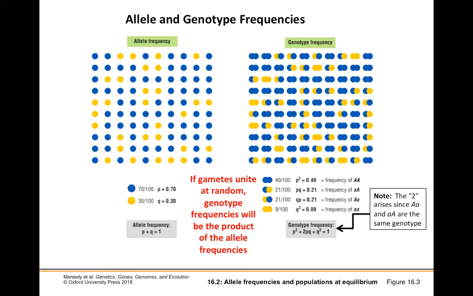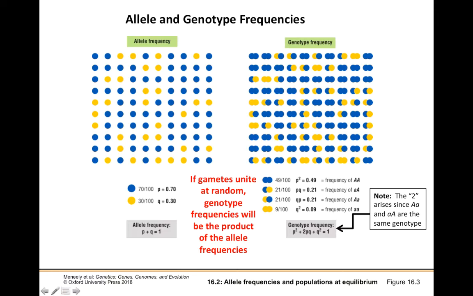When we think about alleles in a population, we can think about these alleles being partitioned into individuals, and because we oftentimes talk about diploid species, because a lot of the species that we think about on a regular basis are diploid, we can think of these allele frequencies as being organized into genotypes.